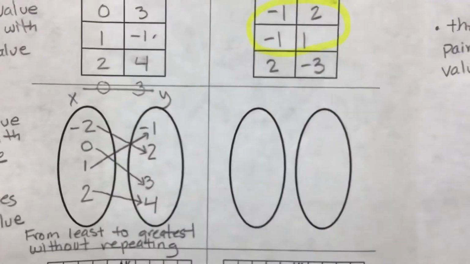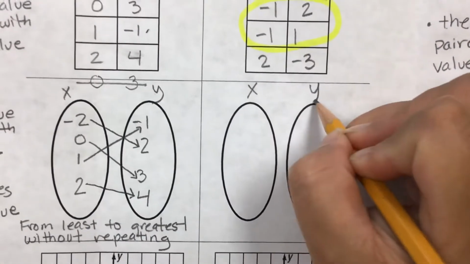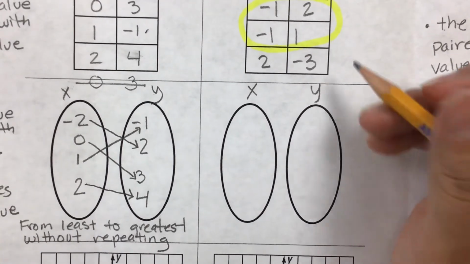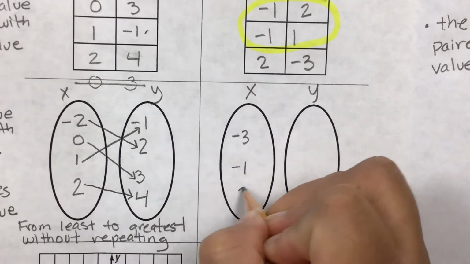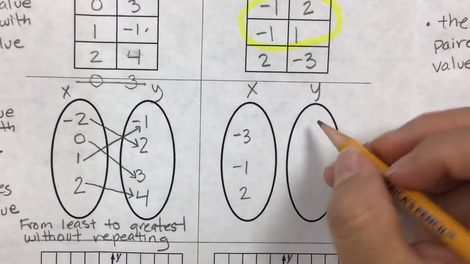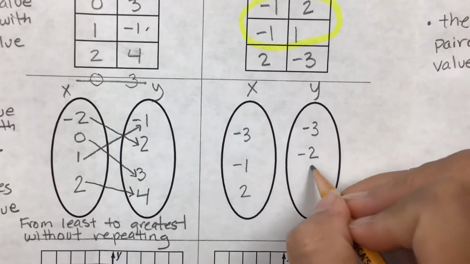All right, so what makes it not a function? We still have an x and a y value. We write them down in order from least to greatest without repeating. So this one would be -3, -1, 2. On the other side, we would have -3, -2, 1, 2.